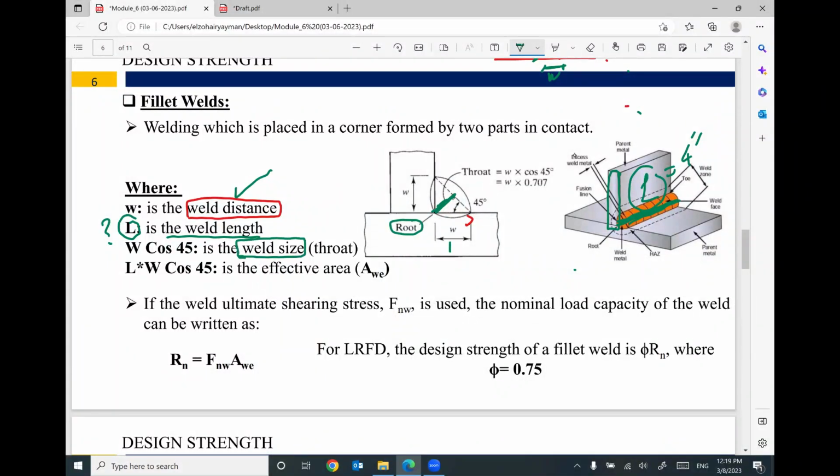I remember one of the questions in the PE exam just asking what is the welding size. So please be careful about this concept. This horizontal distance is not the welding size. This vertical distance is not the welding size. The welding size is the perpendicular distance, and this perpendicular distance in this triangle equals W cosine 45 degrees.